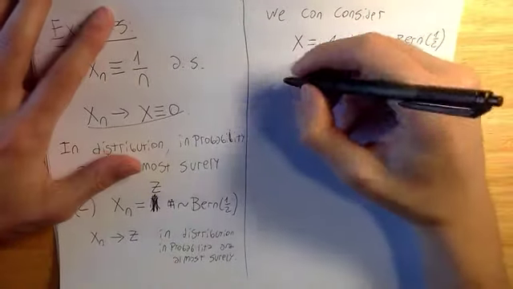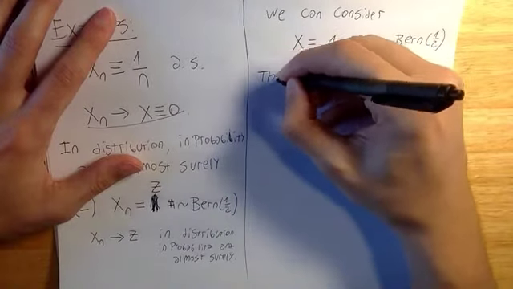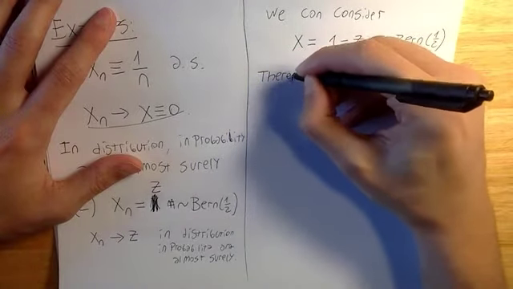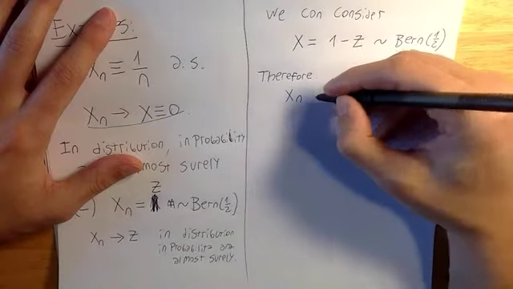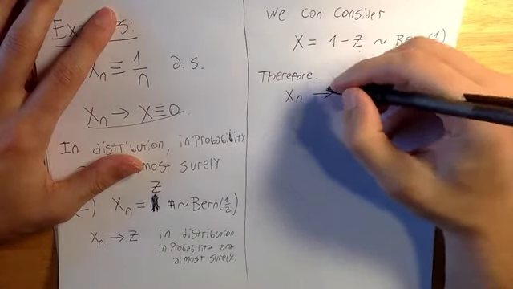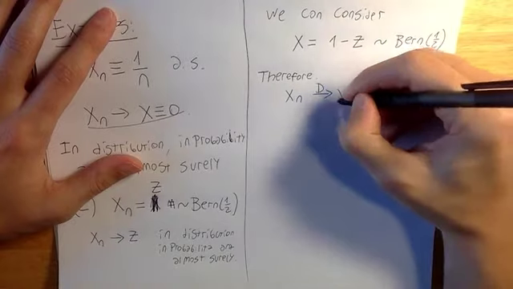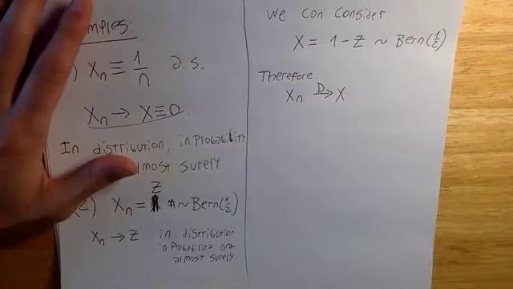So in particular, xn converges in distribution to x.